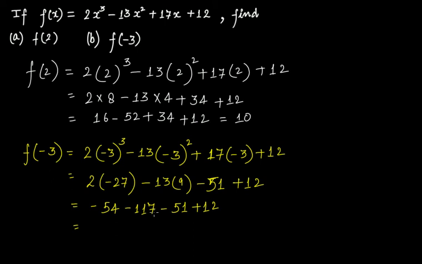Then minus 171 minus 51 means minus 222. Minus 222 plus 12 is minus 210. So this is the answer in this case, and 10 was the answer in this case.